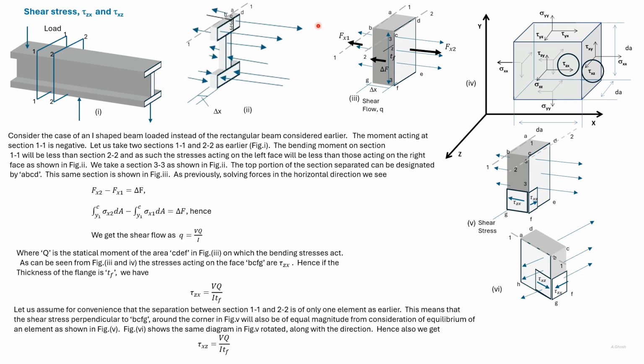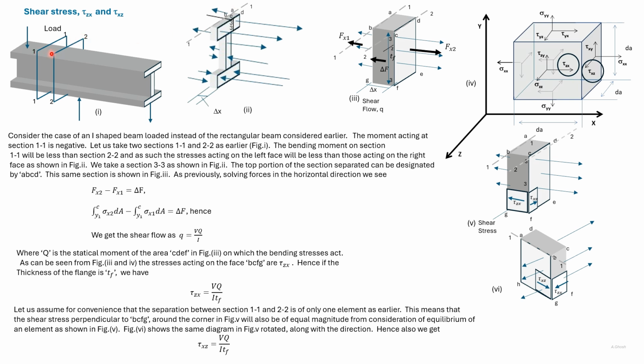In the earlier slide, we discussed tau yx and tau xy. In this slide, we'll discuss tau zx and tau xz. We consider the same loading pattern, but here we take an I section.